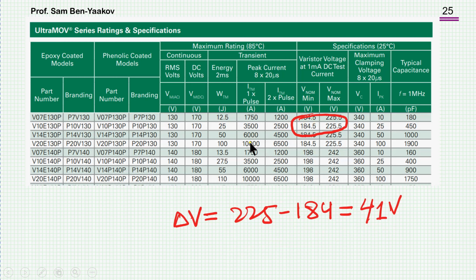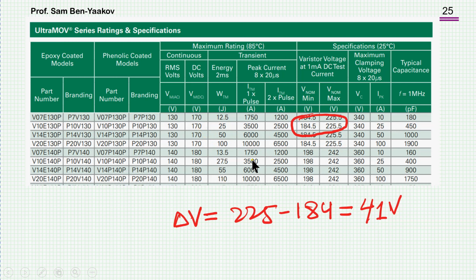It is intended for, say, 170 volt protection, while the voltage here could be 180 or 224. Therefore, if the particular unit you have is 184, then the leakage will be high. While if the unit you have is 225 at 1 milliamp, then obviously the leakage at 170 will be much lower.